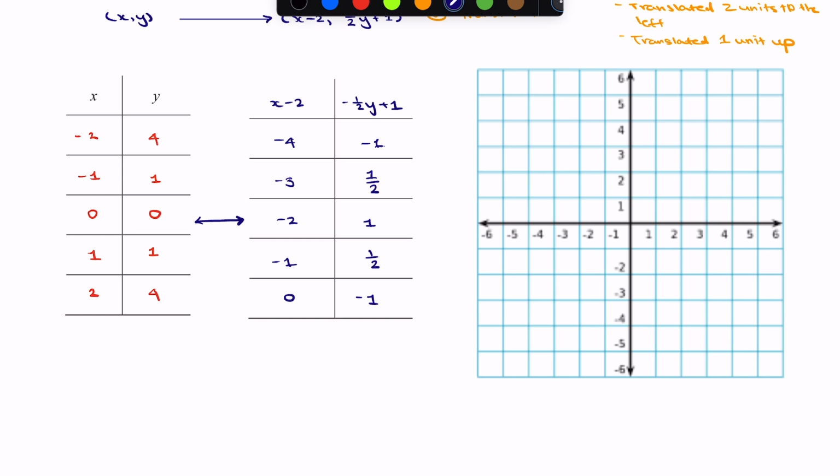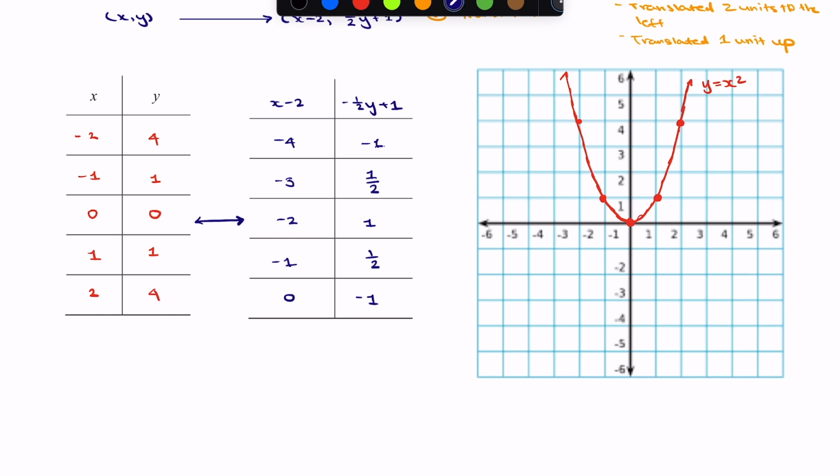So here we can graph this. We'll first graph our parent function, which will be 0, 0, 1, 1, and -1 and 1, and 2 and 4, and -2 and 4. So this is our parent function, y is equal to x squared. And then we'll look at our transform function.